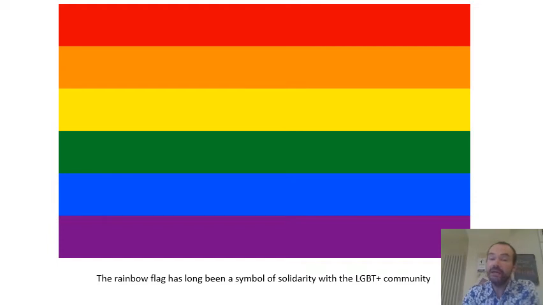For a long while, since the mid 60s and 70s, the rainbow flag has been a symbol of solidarity with the LGBT plus community, hasn't it? You'll see it at marches, you'll see it on banners, you'll see it on pin badges, a way of showing solidarity with the wealth of diversity in our communities.